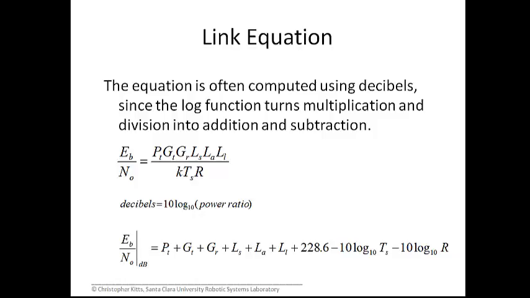And sometimes we'll find that that's an easier way to perform the link analysis. So you'll see both of these expressions used. You may wind up using both depending upon the situation. They're equivalent to each other. They're just different ways of expressing the same relationship of energy per bit divided by noise.